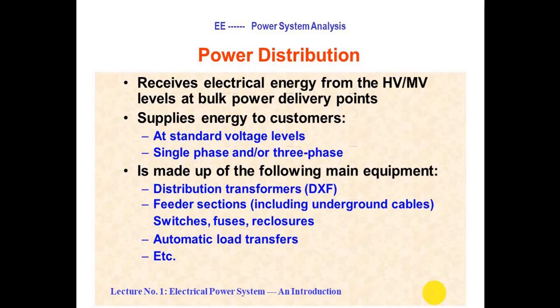Feeders are the lines starting from the distribution substation to the consumer areas. Then we have switches, fuses, reclosers, all the protection equipment, and automatic load transfers, etc. So different types of protection equipment, feeder lines and transformers are the main components involved in power distribution.